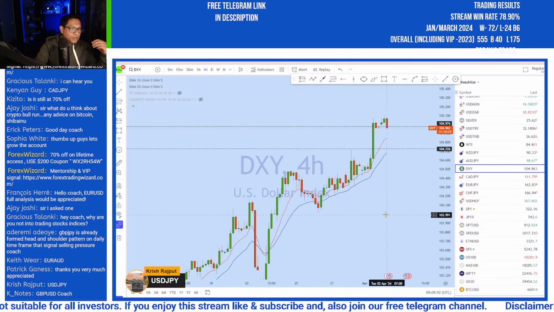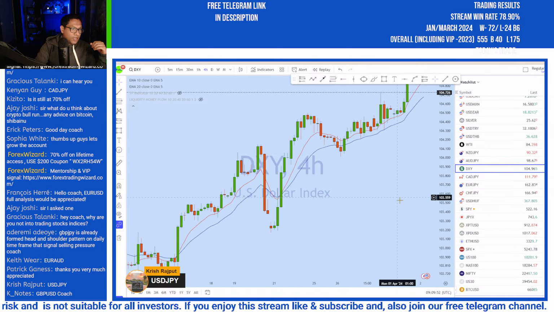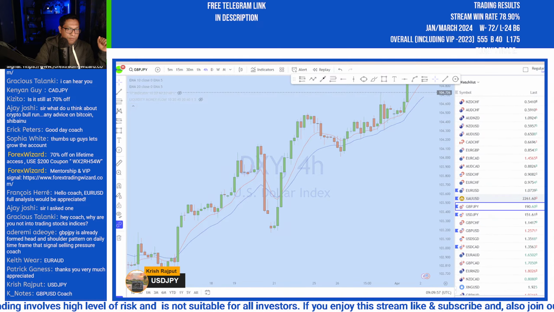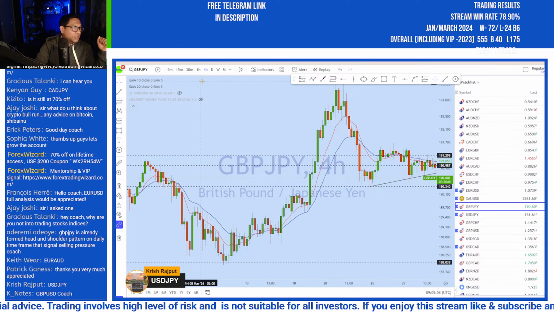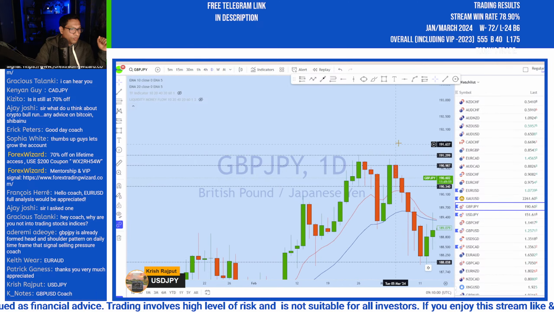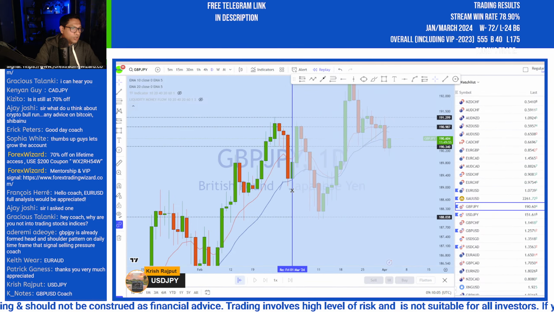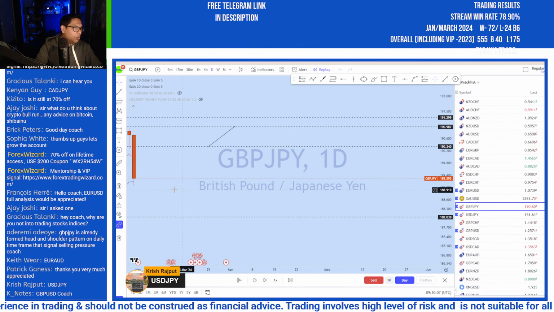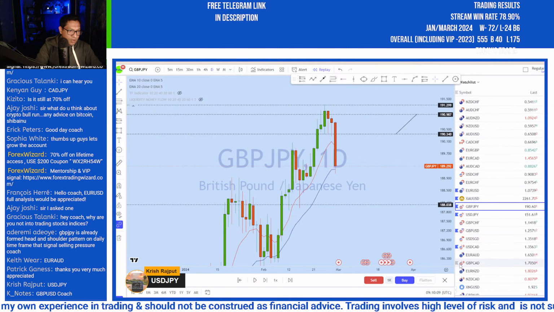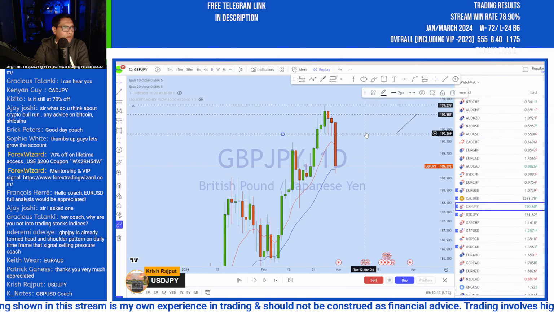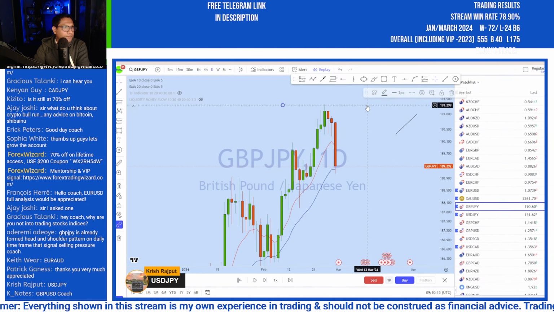Let me give you a clear idea of how it works with another instrument. Let's look at GBP JPY. This is a very good pair, sometimes it looks very nice. Now this is the real way to use that information. I go back to the schedule, and you'll see that this is the daily chart.